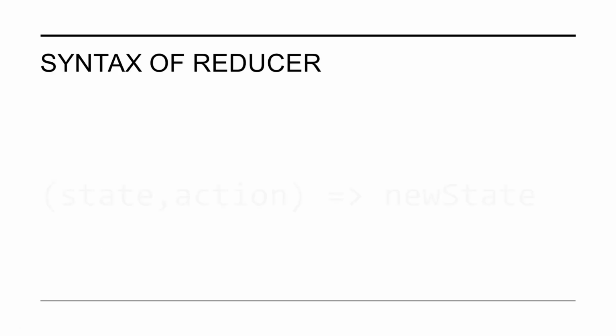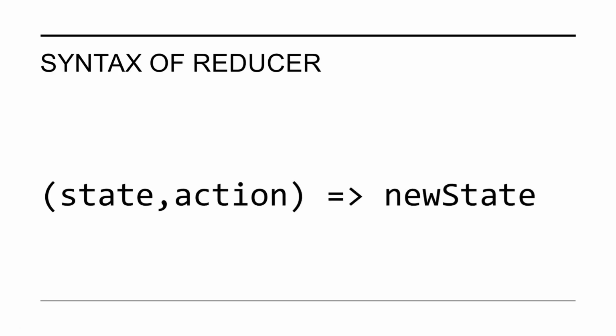So this is the syntax of a reducer here. First there will be our state. This is just a pure function, and you can create this function as an arrow function, but you can also create it using the function keyword.